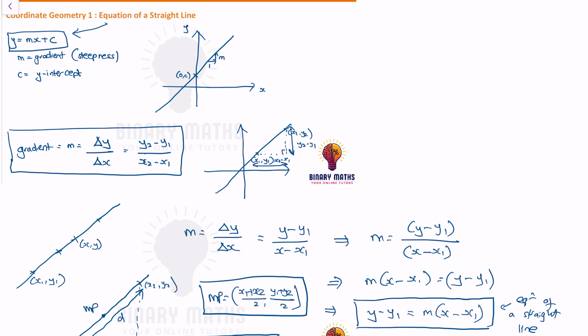You add it together and then square root it, you get the distance between 2 points. So these are all 5 formulas that you need in order to tackle questions on equation of a straight line. And I did say y minus y1 is equal to m times (x minus x1) is the most useful one to remember in an exam.